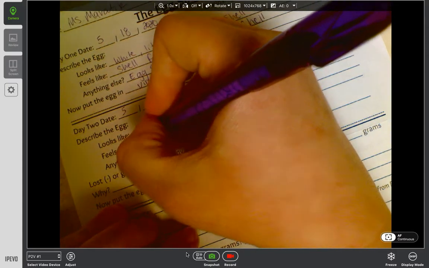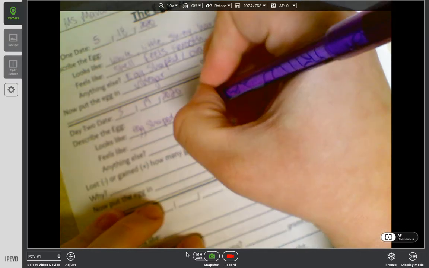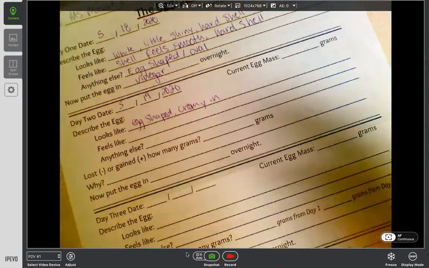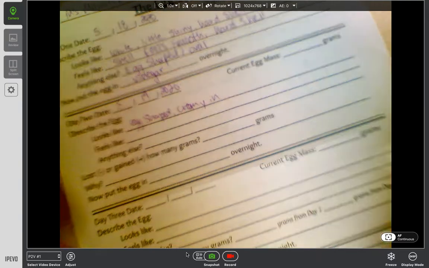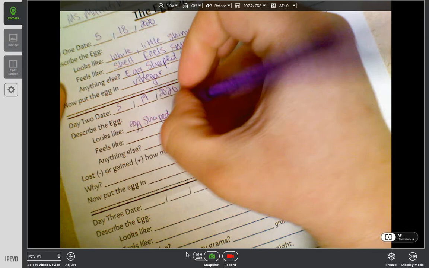So things our egg looks like. It's egg-shaped still. It is kind of creamy in color, creamy. Oh boy. Whiteout, I haven't used you in so long. Everything's been digital.